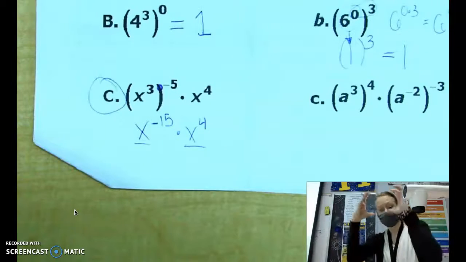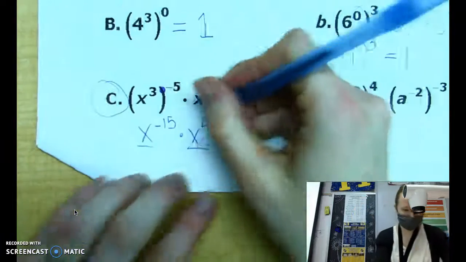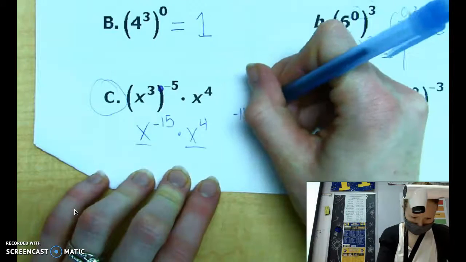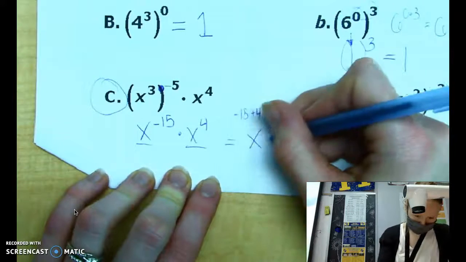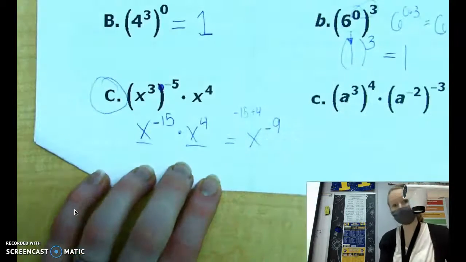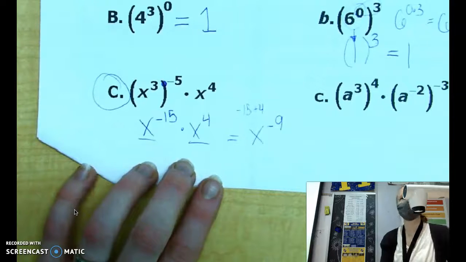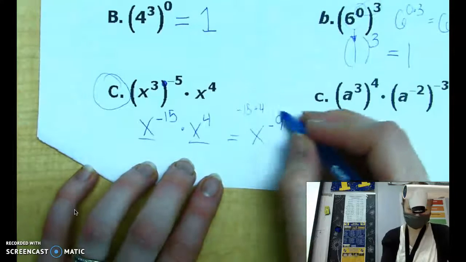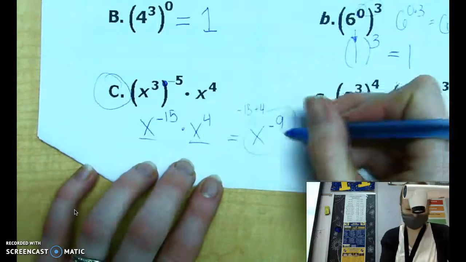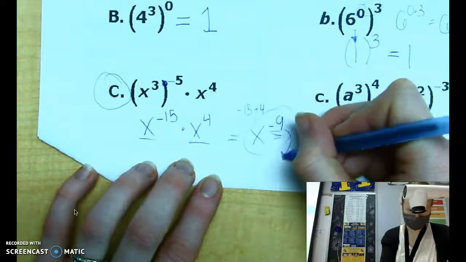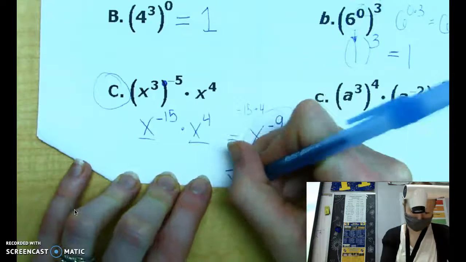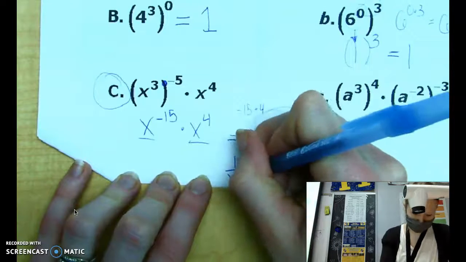I need to combine those together, right? So I have to add my exponents. Negative 15 plus 4 gives me negative 9. And then I still have another step to do, right? This guy got a bad attitude. Got to move it to the basement. So my answer should be 1 over x to the 9th.